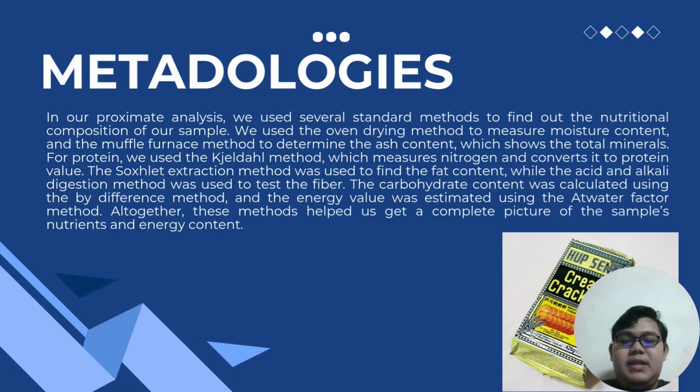Using proximate analysis is quick and effective for evaluating food, guiding product formulation, and ensuring it meets nutritional standards. The data can also help us compare food, plan diets, or design new products. Altogether, this method gives a complete picture of what is inside our food sample.